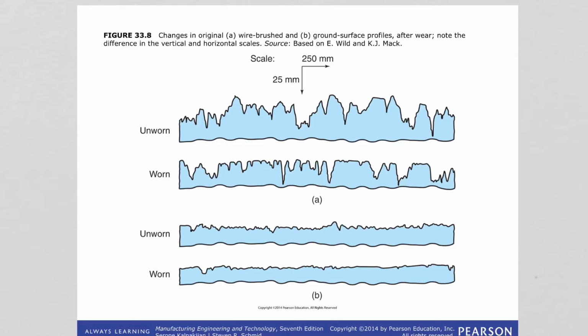A and B are surface profiles before they were worn and after they experienced wear. As you can see, the surface became smoother with wear.